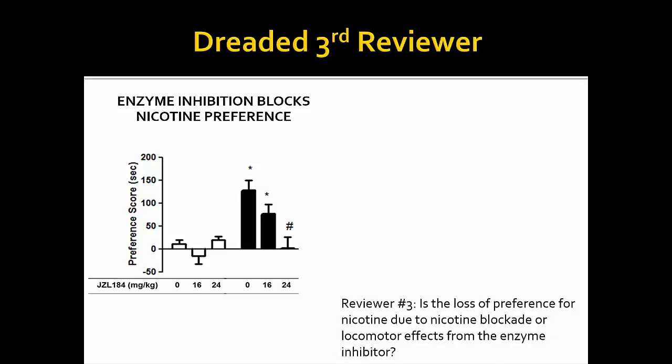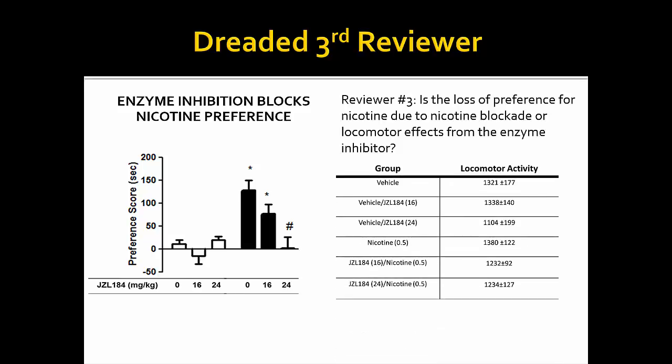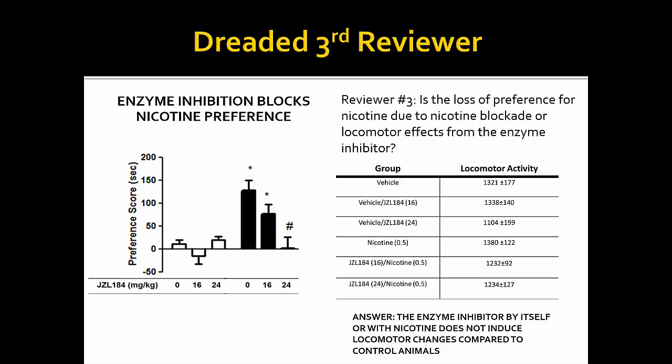But the question came back: they're not inducing or blocking preference because the inhibitor is blocking movement? So, of course, we had to do a locomotor activity test on these drug doses with and without nicotine to prove that the results we were seeing weren't due to the fact that they were not moving anymore.